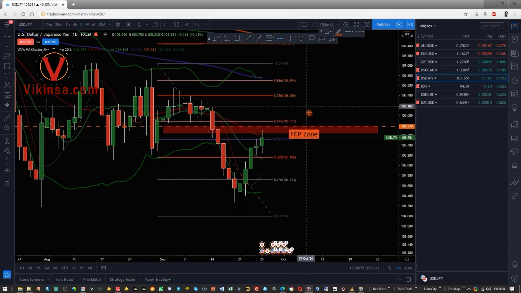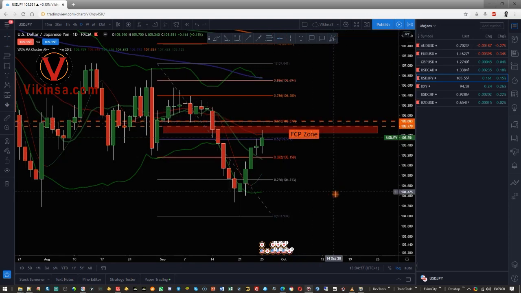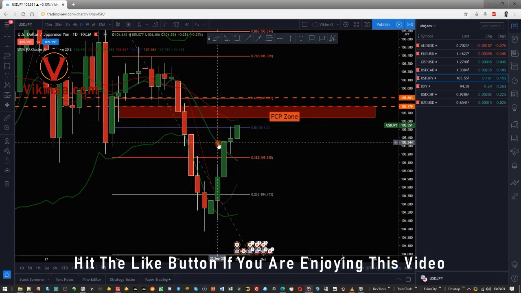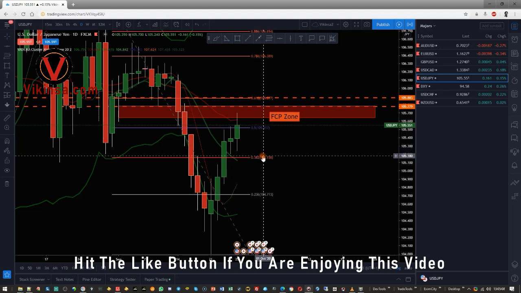So it may come a little overextended and can go to 61.8 there, but looking at these candlestick patterns here, I can expect the market to actually go bearish on USD JPY for at least one more day. So if we get a good short opportunity somewhere around here, then we can go for a short opportunity.